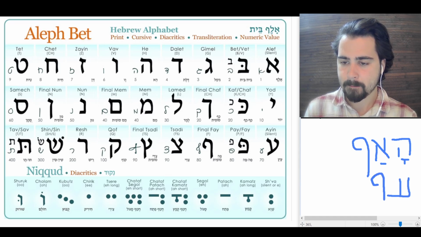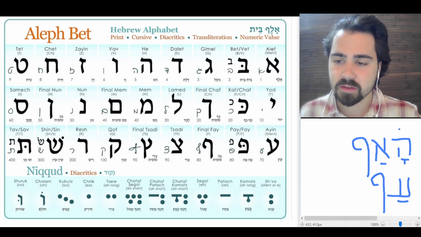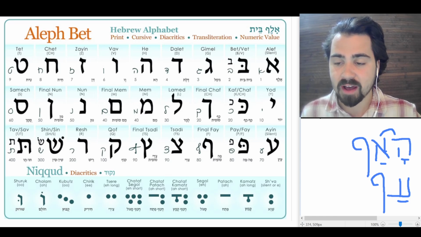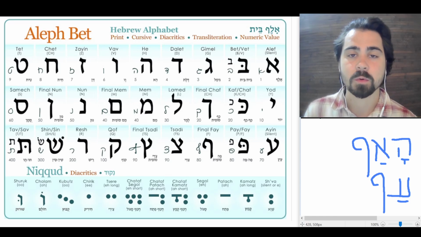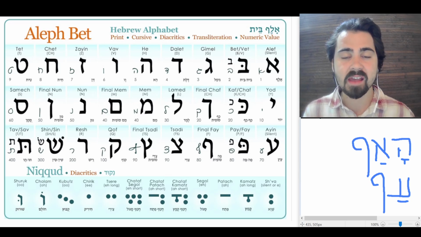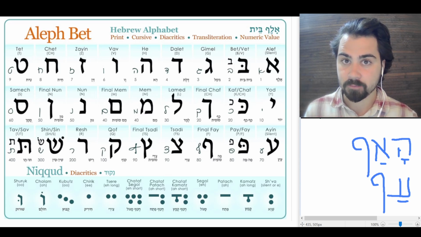Okay, let's try it. So, and this is a challenge I don't think we had before. We have a hey, and then we have an aleph. So hey, as we will soon learn, we have some letters that have a special ability, and they act as a whole separate word, right?